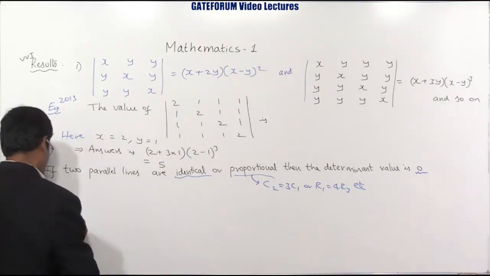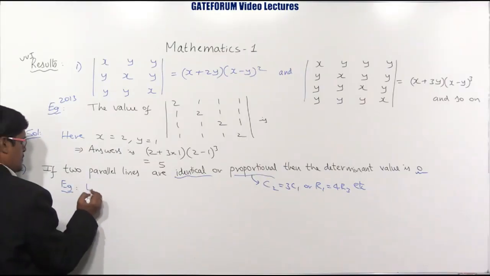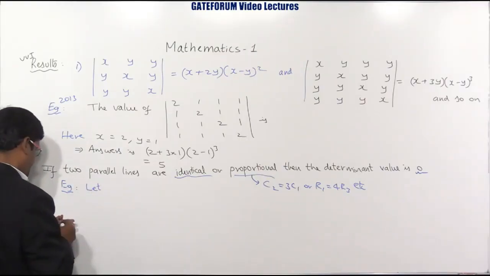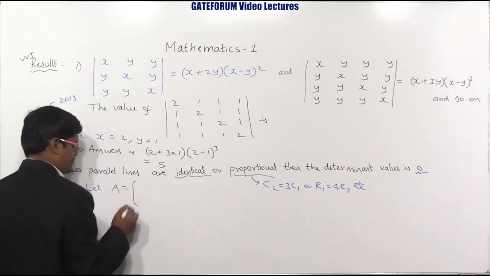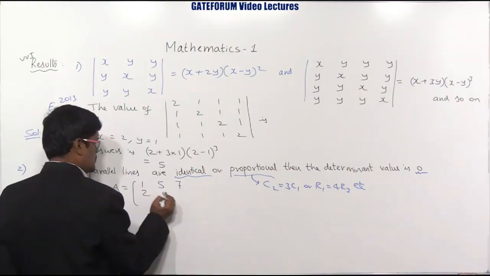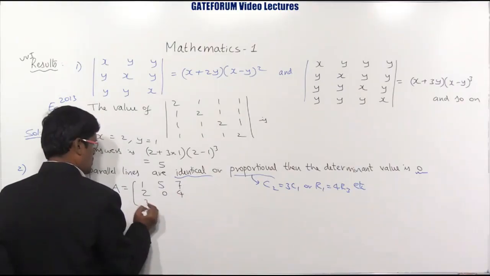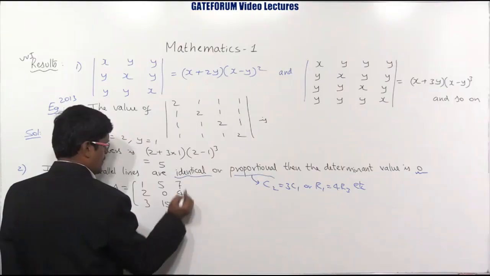Okay. In this case, let A is equal to 1, 5, 7, 2, 0, 4, 3, 15, 21.